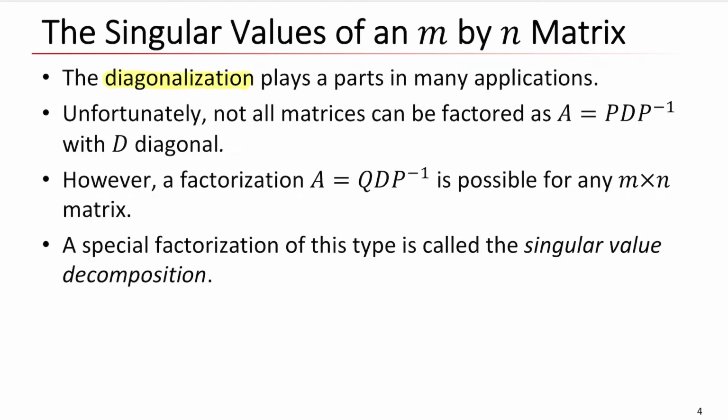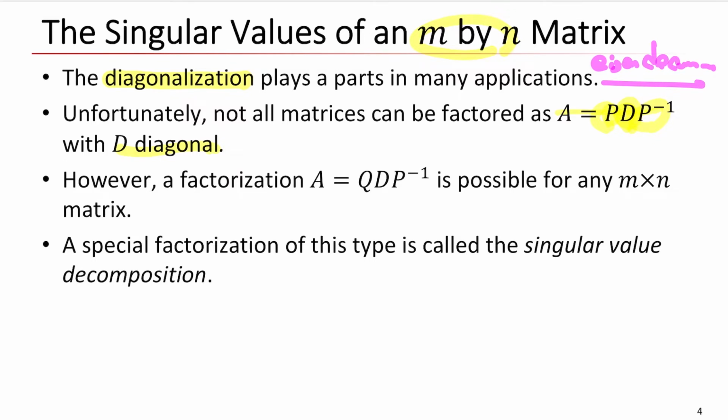This is the singular value decomposition. The diagonalization plays a part in many applications, as I mentioned previously, something like the eigenvalue decomposition or eigendecomposition. Unfortunately, not all matrices can be factored as A = PDP inverse, where D is diagonal. So we cannot apply the eigenvalue decomposition to the m by n case when m is not equal to n.